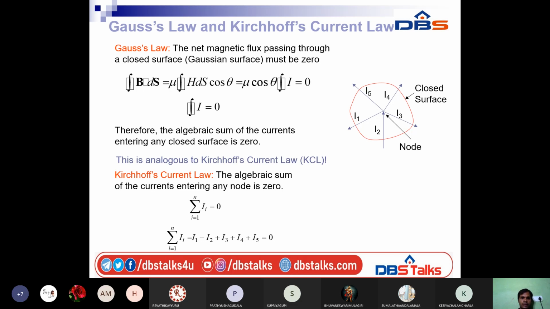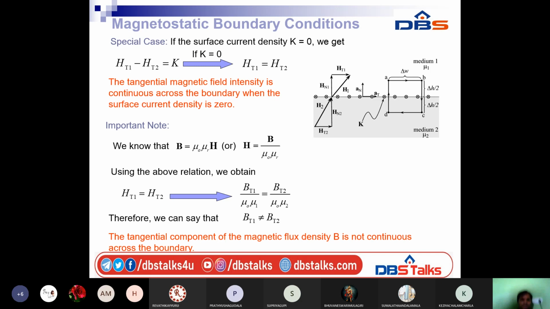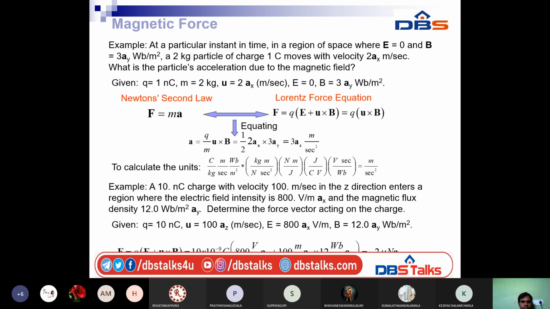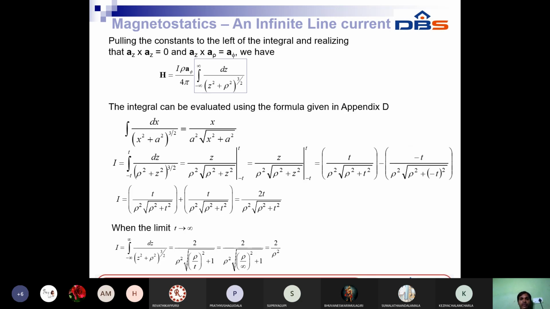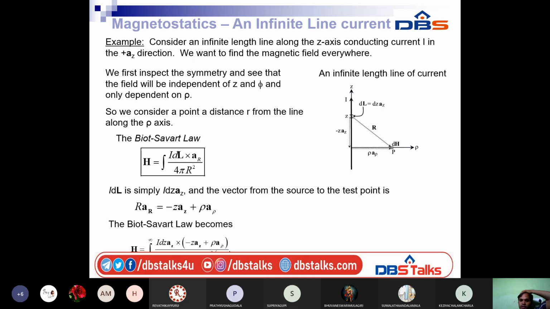Gauss law, current law. Next, magnetostatics for an infinite line current.